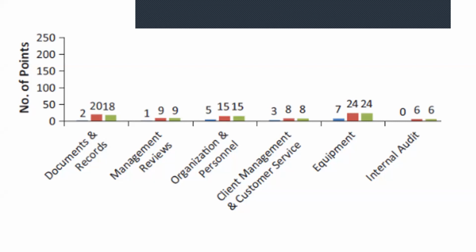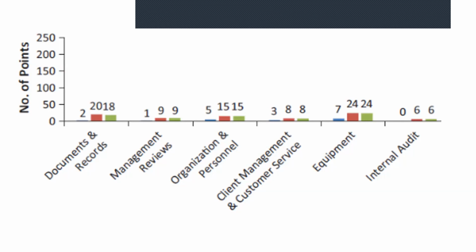And here they had two areas in which they dropped a little bit. I think one of the biggest ones is documents and records. They went from 2 to begin with in their initial 2011 assessment, and then in 2012 they had 20 points, and then they slipped 2 points in 2013.